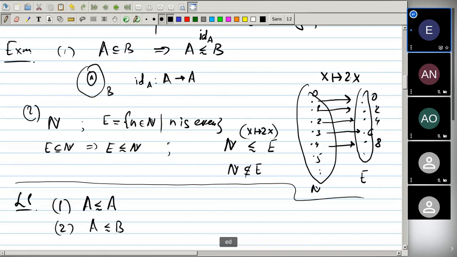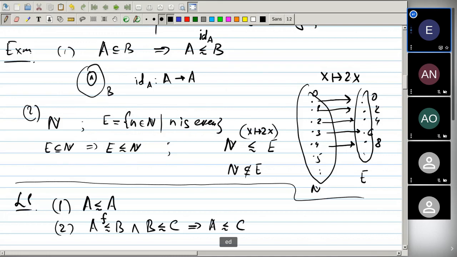If A is embeddable into B, if it has no more elements than B does, and B has no more elements than C, then what should it be? A is embeddable into C. So we want this, and is it true?